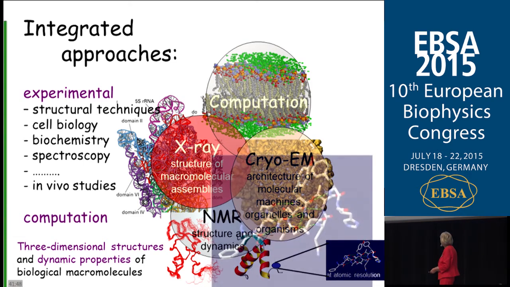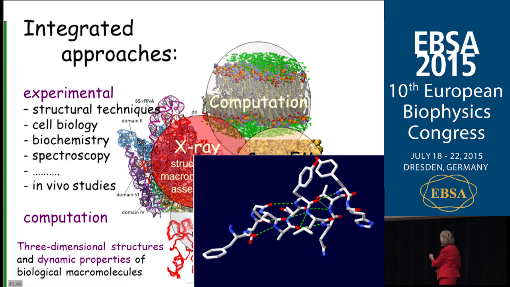And really, we want to understand it at the level of the atoms. If you want to understand a chemical reaction, you need to know which atoms are involved and what they do. If you want to understand interactions and how proteins, let's say, bind to a ligand or to another protein or to a nucleic acid, you really want to know what types of atoms are doing the job.